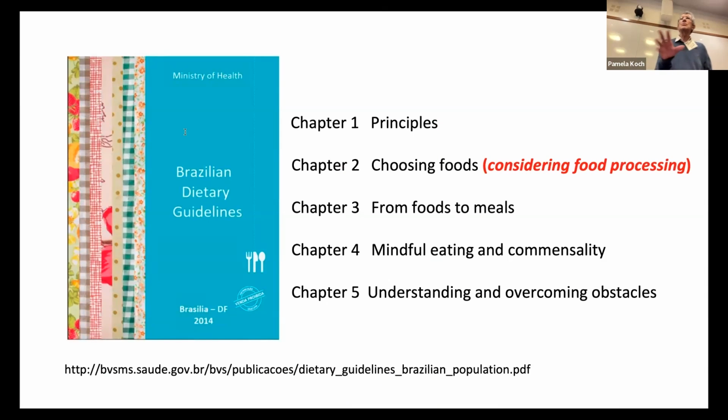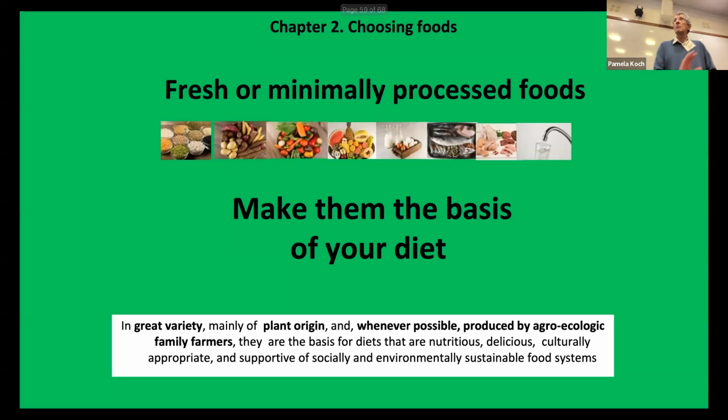Just to show how we used NOVA in 2014 as a framework for dietary guidelines. This is the Brazilian dietary guideline. In one chapter, chapter number 2, we try to teach people how to choose foods to have a healthy diet at the end of the day. So the recommendation was very simple. Four recommendations. First, base your diet on group 1 foods.